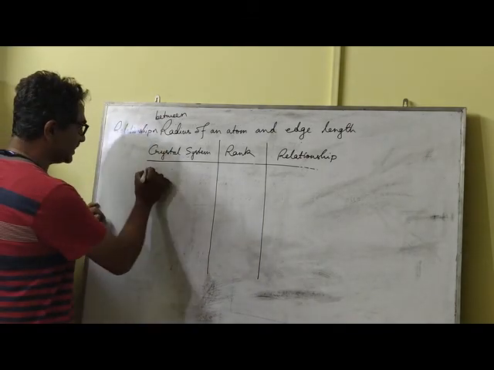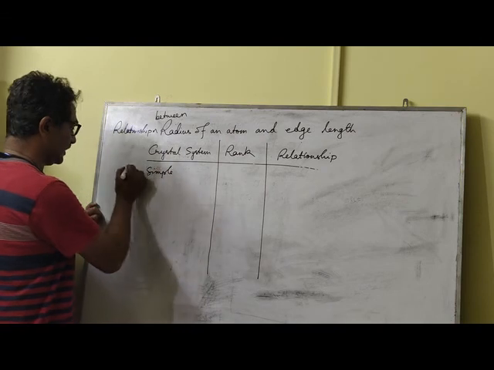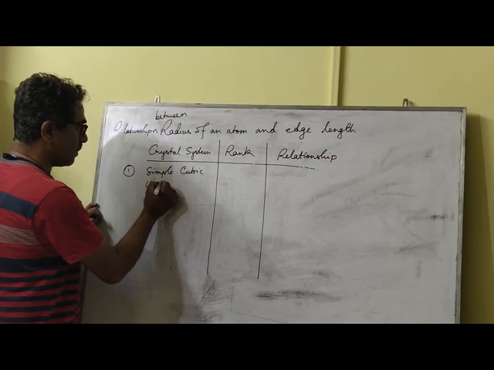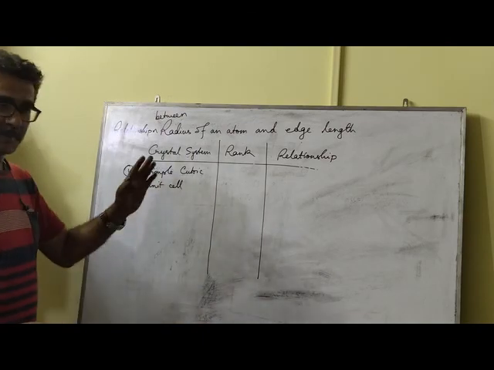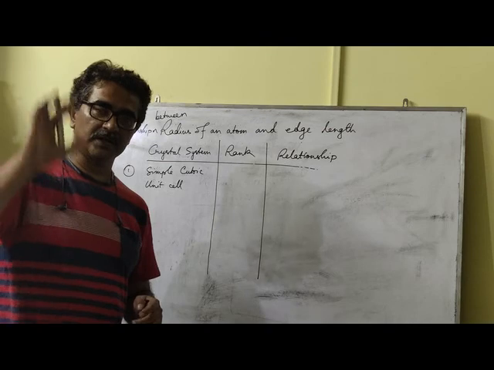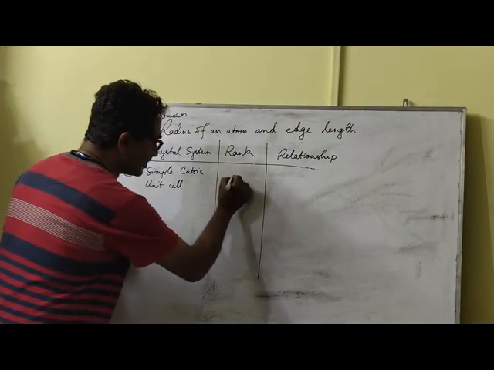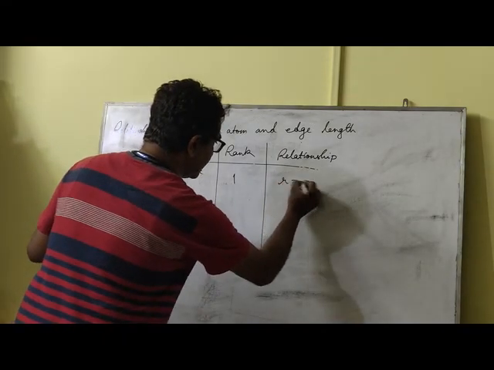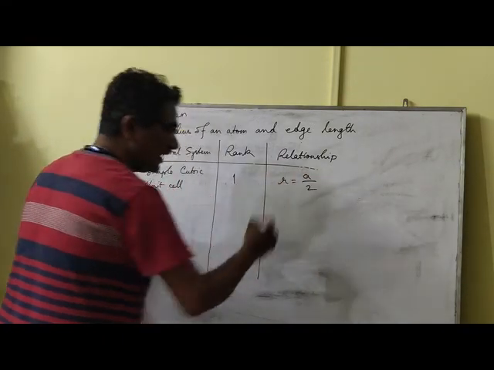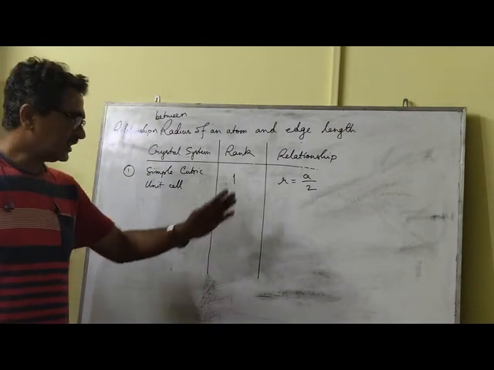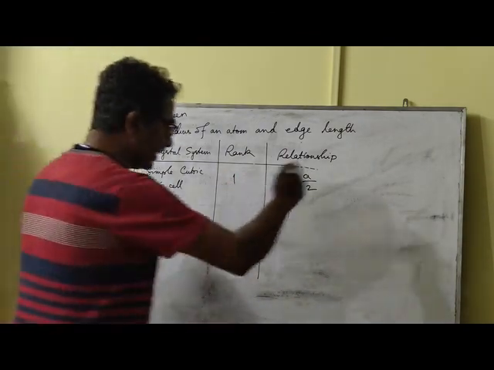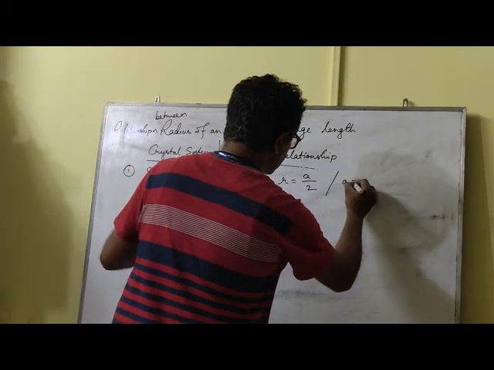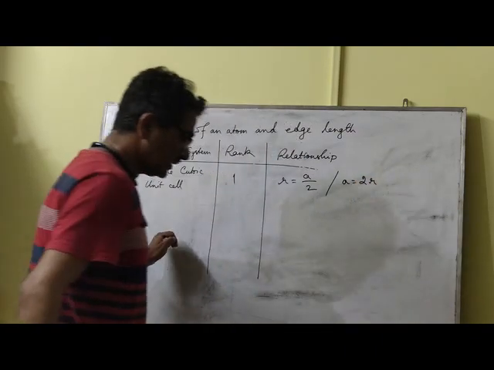So first one is simple or primitive cubic unit cell. And remember, in a cubic unit cell, it is always at the corners. So the rank is 1. We have already studied about this before. And the relationship was radius equal to a by 2, where a is the edge length and r is the radius of an atom. Or we can write it with respect to a, a is equal to twice the radius.